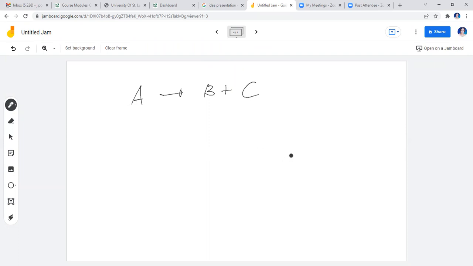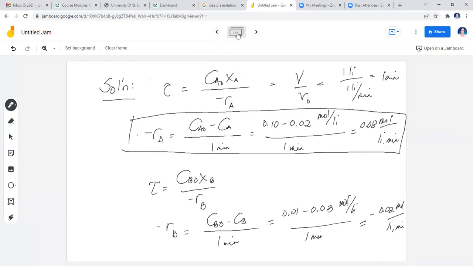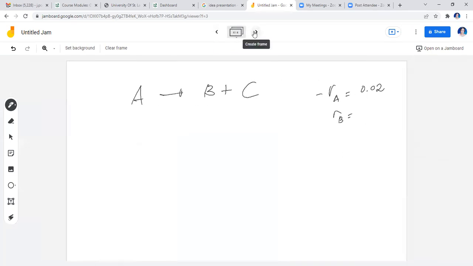So I'll write here R sub A is 0.08. R sub B is 0.02.